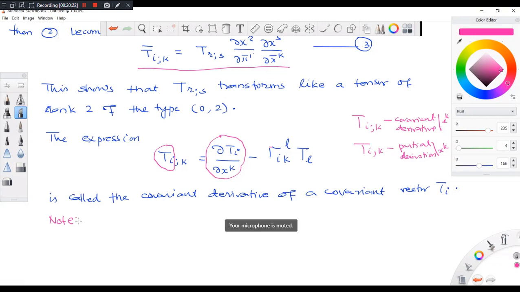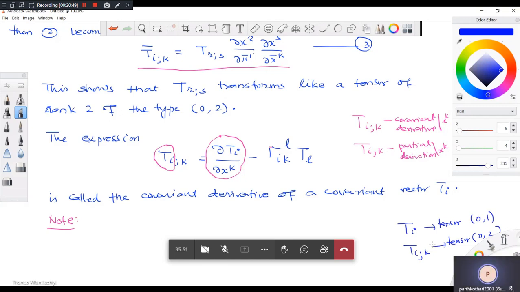You started with the vector Ti, and this is a tensor of what type? 0, 1. Now you take Ti semicolon k, and this is a tensor of what type? 0, 2.